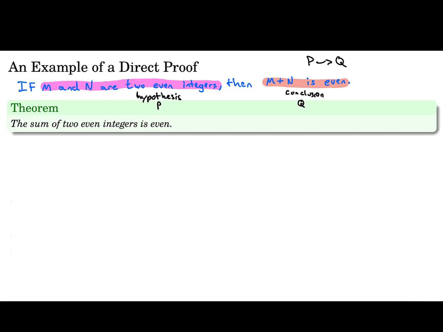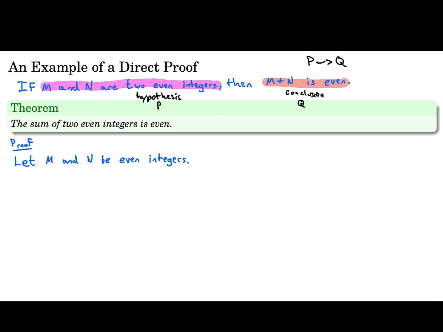The way the proof works is that we start by assuming this is true. So when we write the proof, we start with: let M and N be even integers.